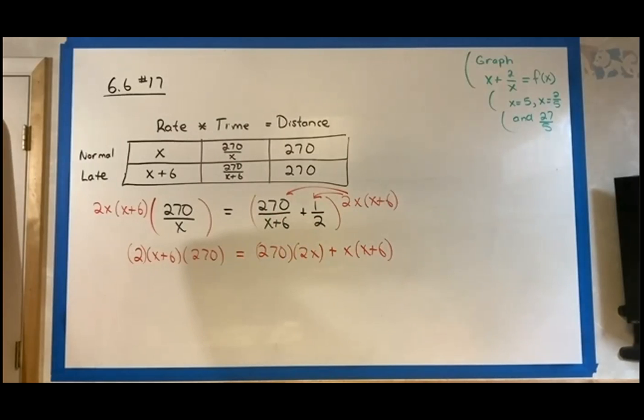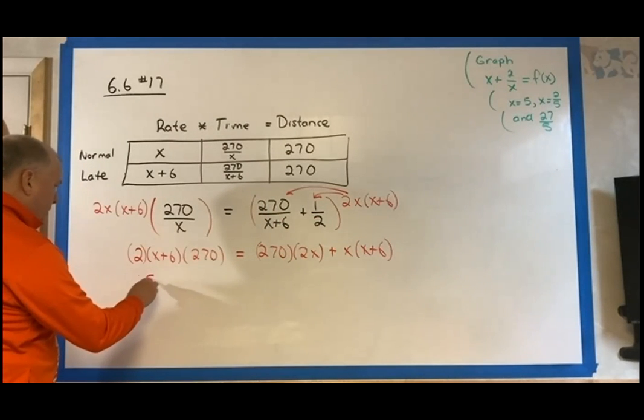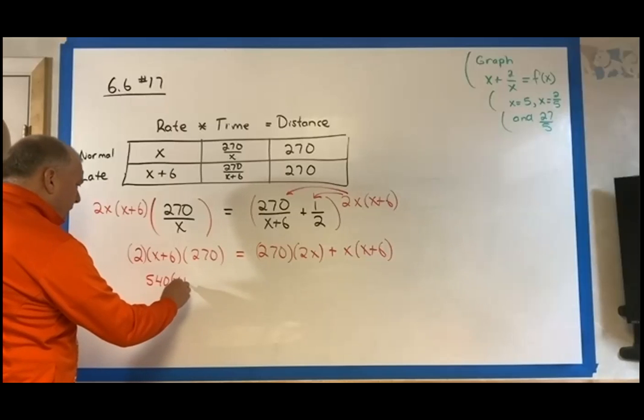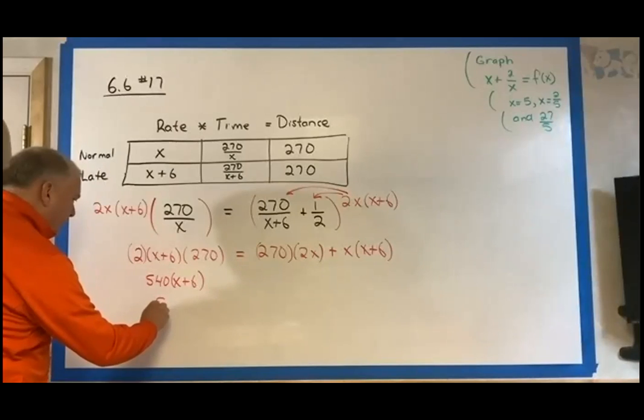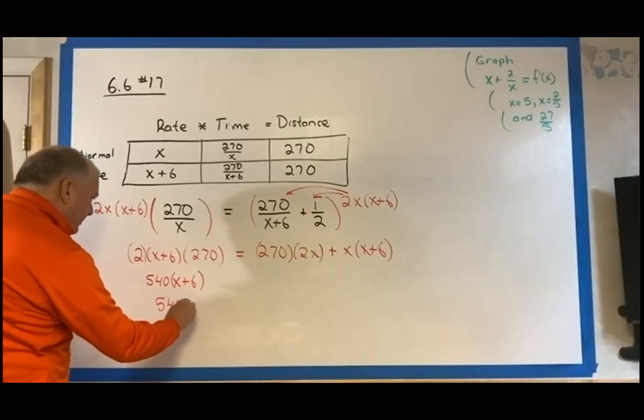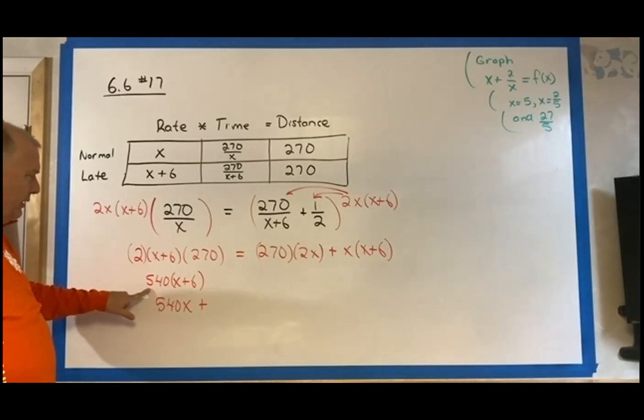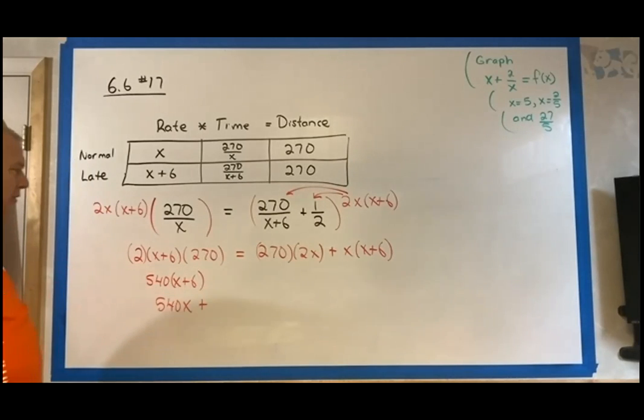Okay, so these numbers are a little bit larger than I might wish for, but I just have to deal with it. So let's multiply everything out. 540 times x plus 6. That is 540x. Yuck. 6 times 540 is 3,240.